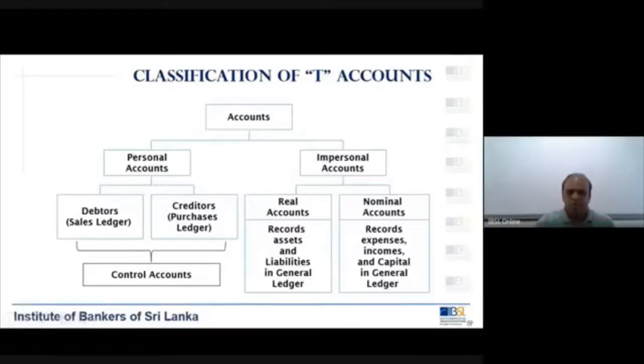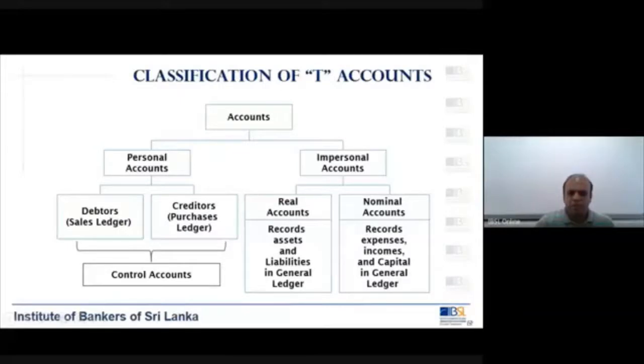What is specific about personal accounts is that they mainly fall into two categories. One is called the debtors, the other the creditors. And I explained who a debtor is and who a creditor is. A debtor is a person who owes money to the business. From the business point of view, a person owing money to the business is called a debtor.